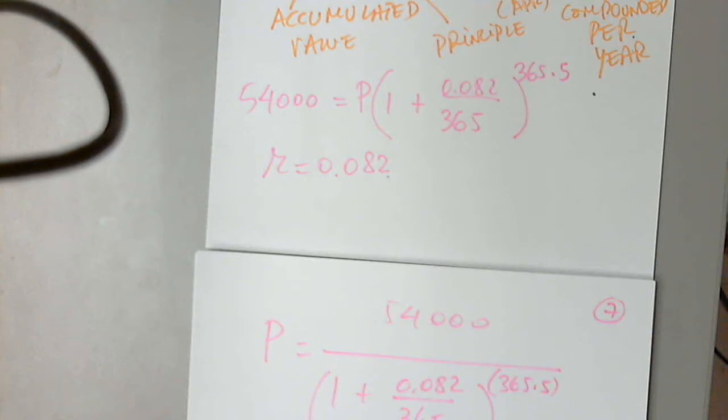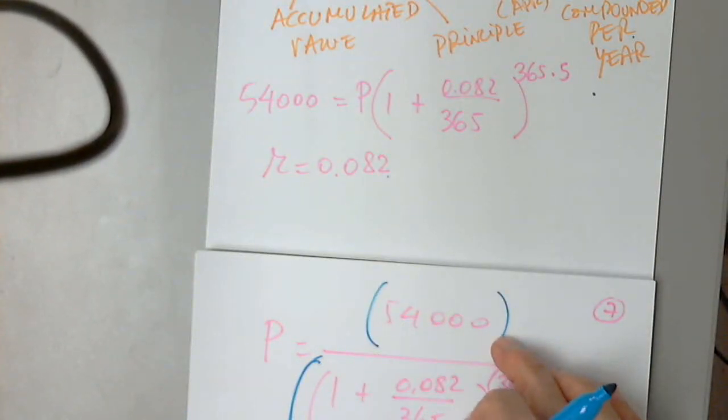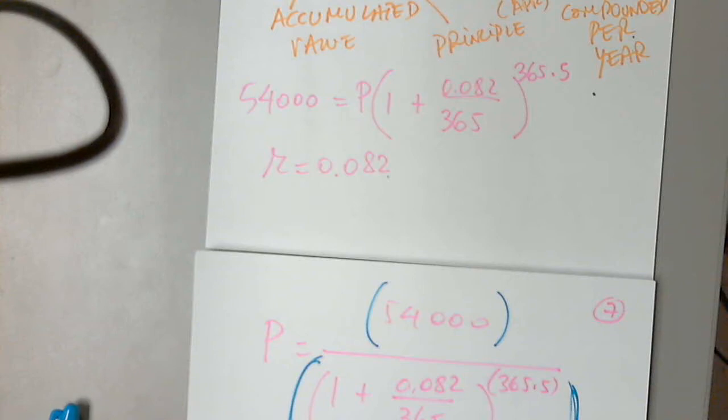In addition to what you see. So once you put it in the calculator, you need this. You do not need this for this situation. So 54,000 divided by, in parentheses, again, a 1 plus 0.082.